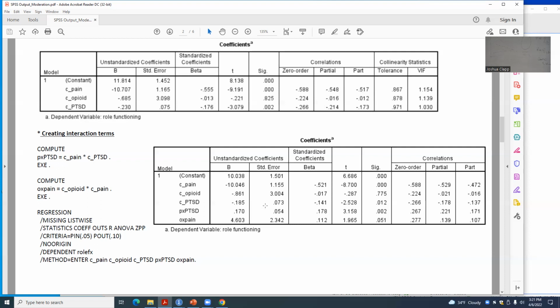Questions about this piece? Yeah. We had to go through and calculate those interaction terms.